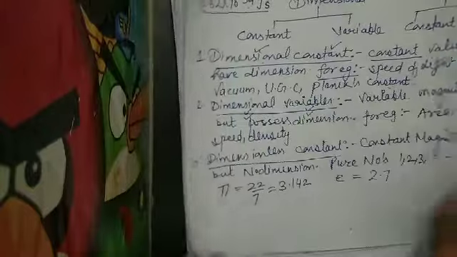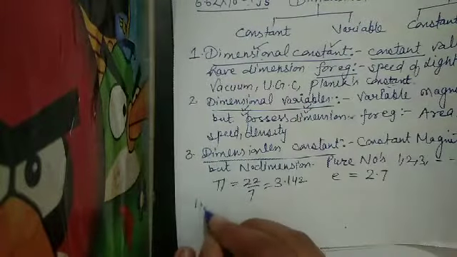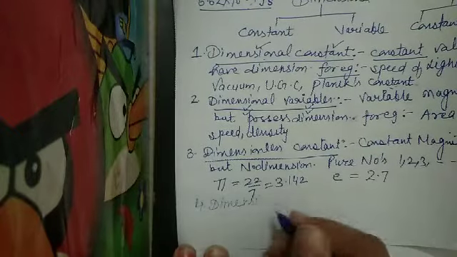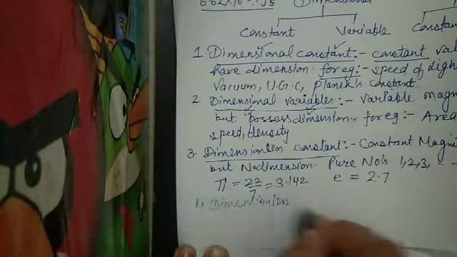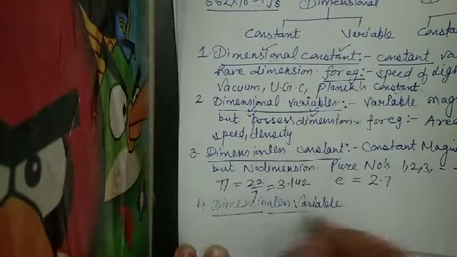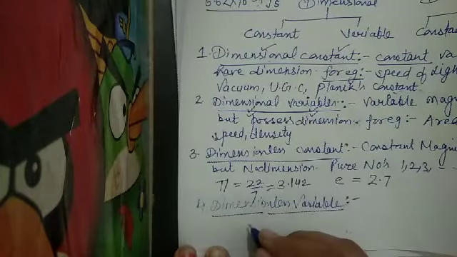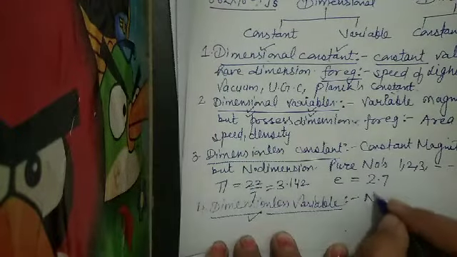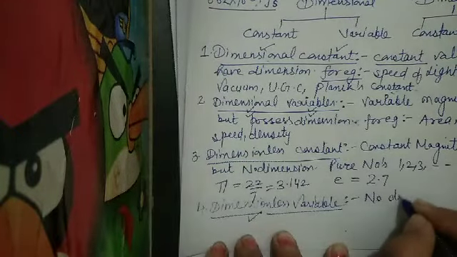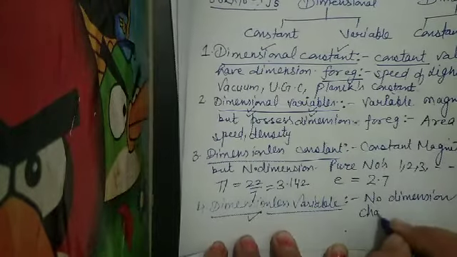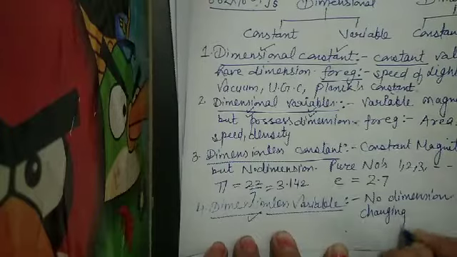And the last one is dimensionless variable. Dimensionless, it means no dimension, but variable means changing magnitude, not fixed value.